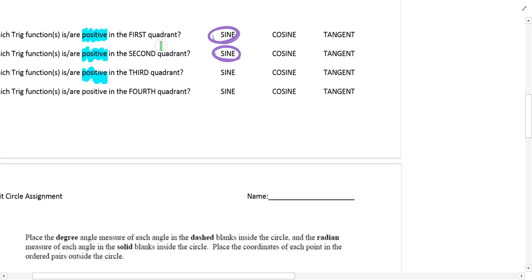So, which trig functions are positive in the first quadrant? Well, we now see that cosine is positive in the first, but not the second. Cosine is positive in the fourth, but not the third.